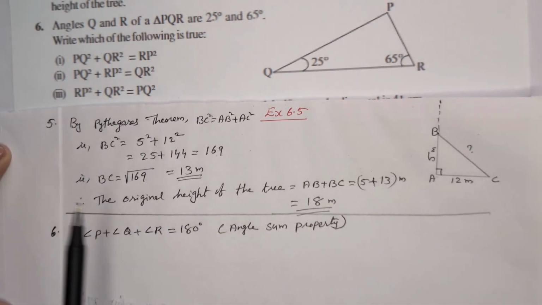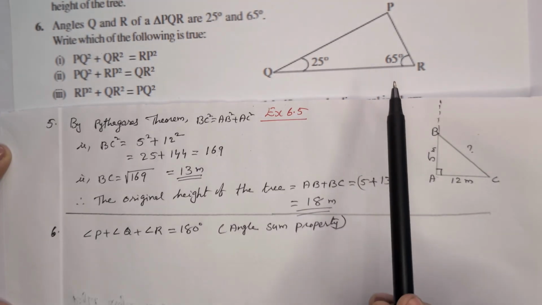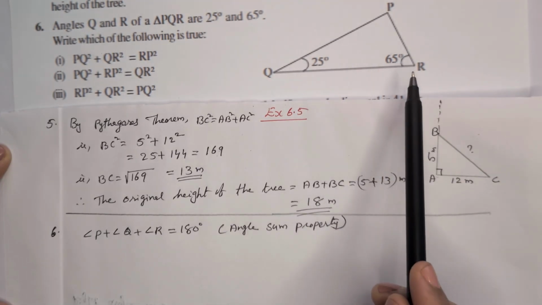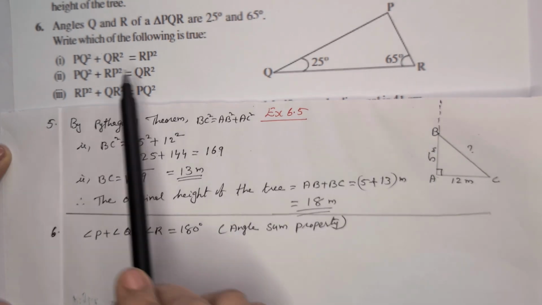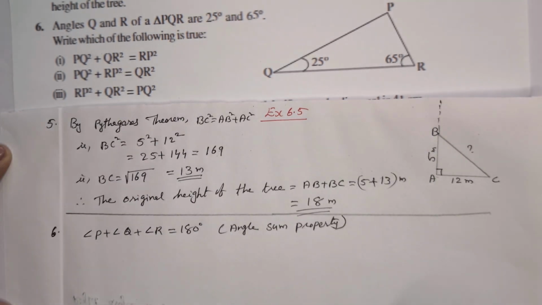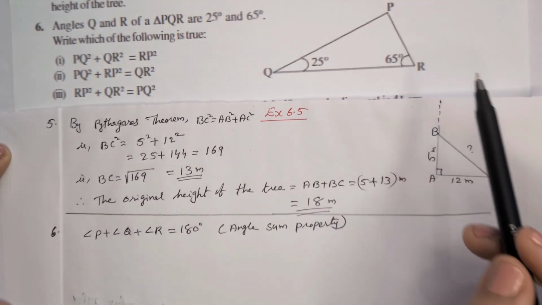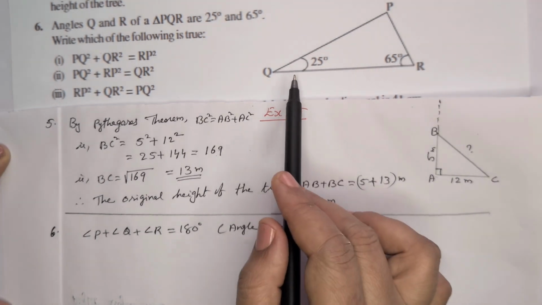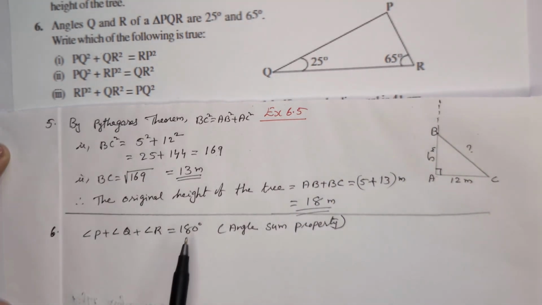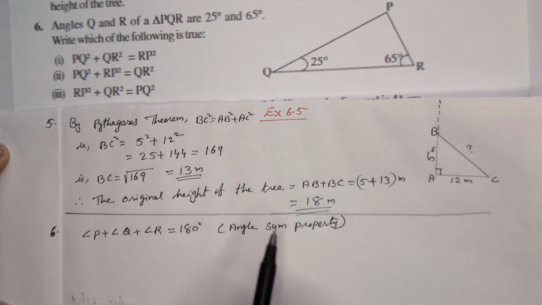Now question number 6. Figure is here given. Angle Q and R of triangle PQR are 25 degree and 65 degree. Write which of the following is true. If two angles are given, then we can find the third angle by using angle sum property. So here angle P plus Q plus R is equal to 180 degree, angle sum property.